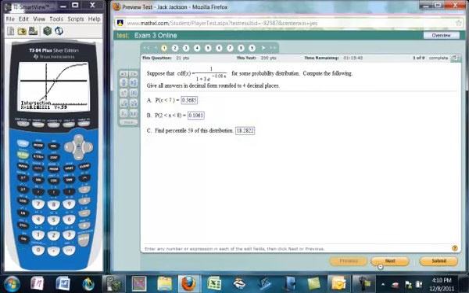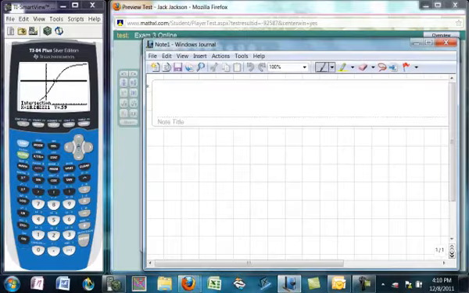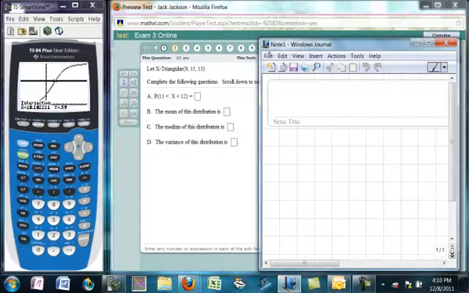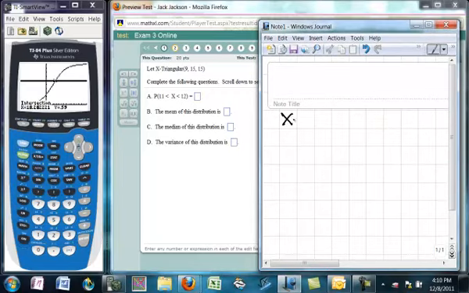Alright, next problem. So that's how we use a CDF. Now the next one is a triangular distribution. Our x is triangular, 9, 15, 15.